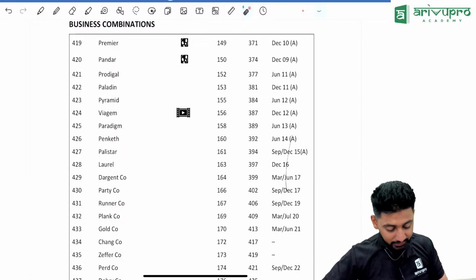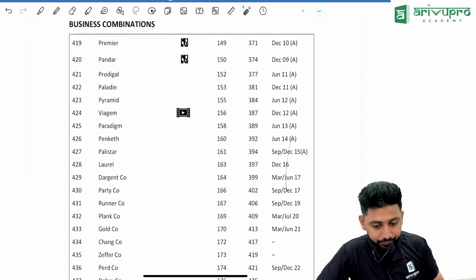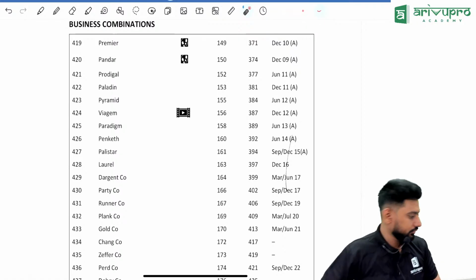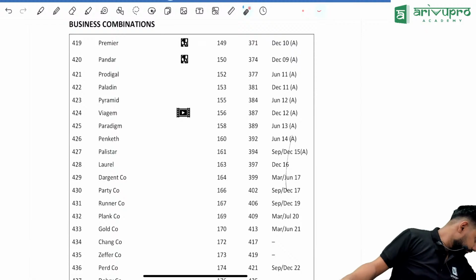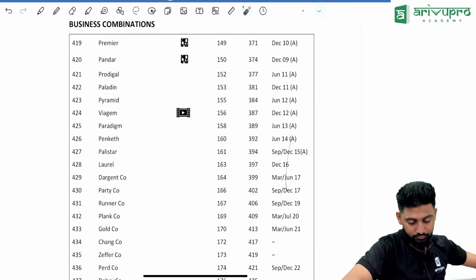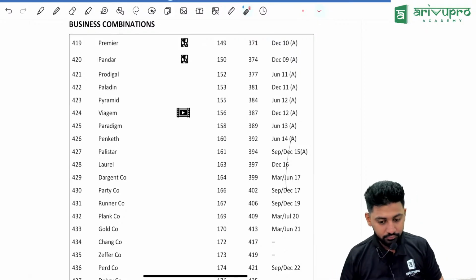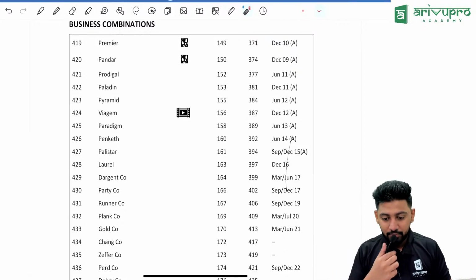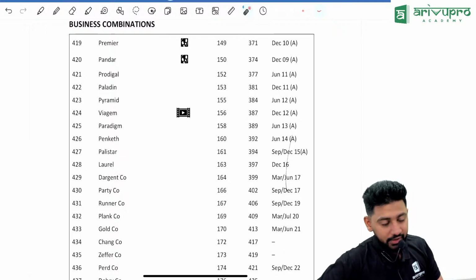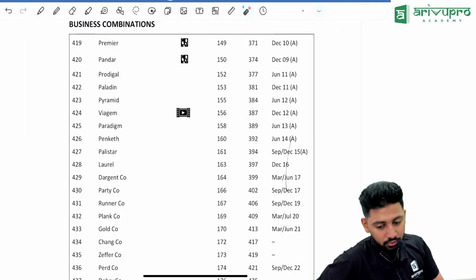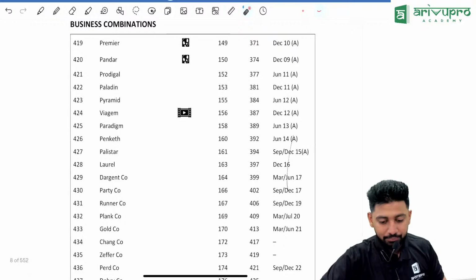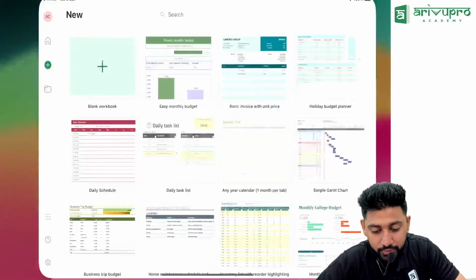Like always in the exam, we will have a sheet to answer, an Excel sheet to answer. So I'm also going to put up my Excel sheet on screen so we can start answering it.